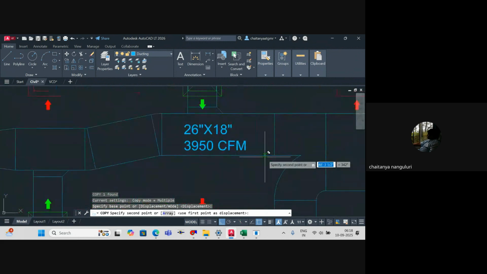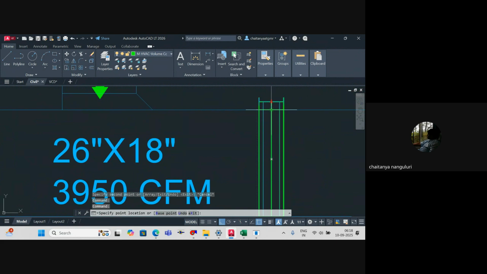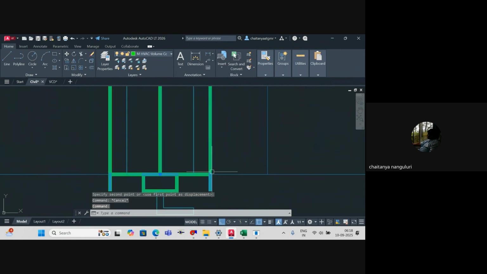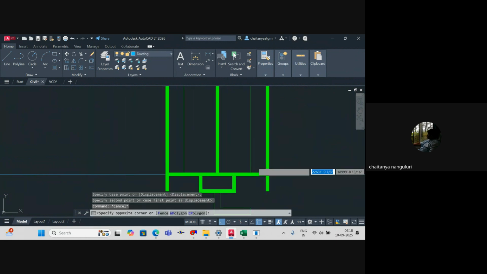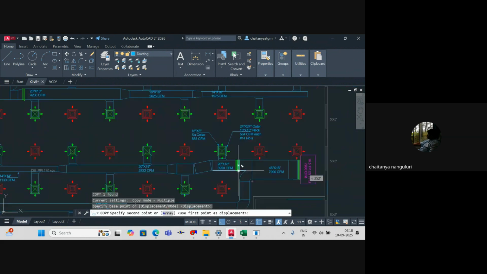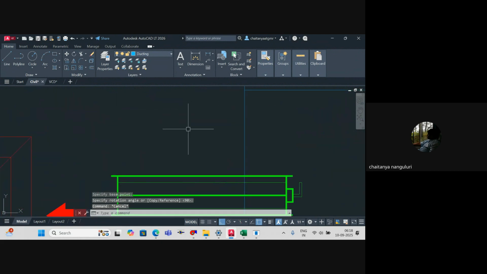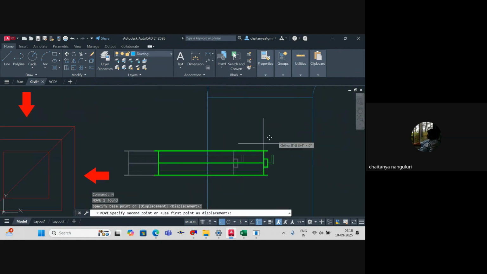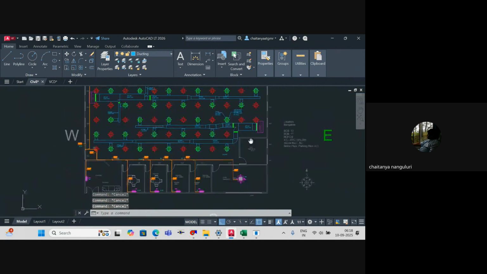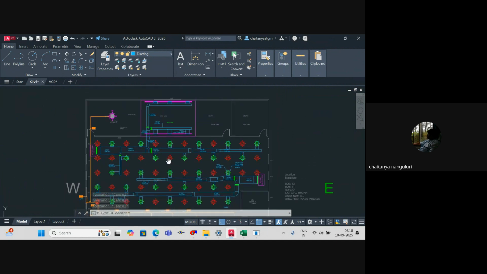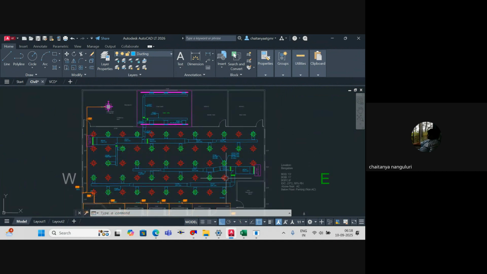At this location I have to place it. These are the volume control dampers that we have. So with this, we have done the entire ducting design.